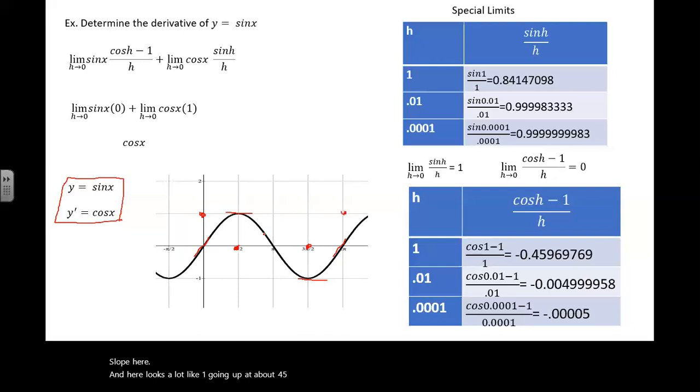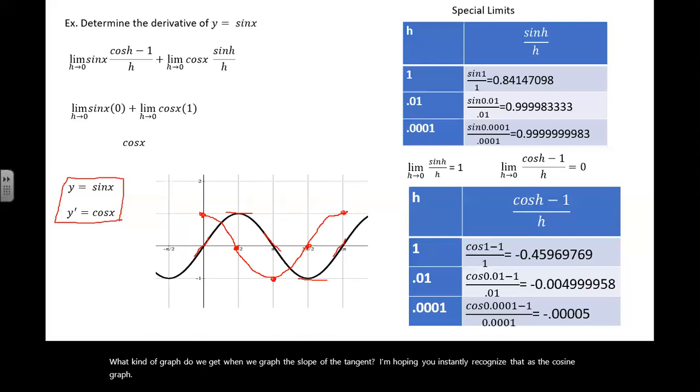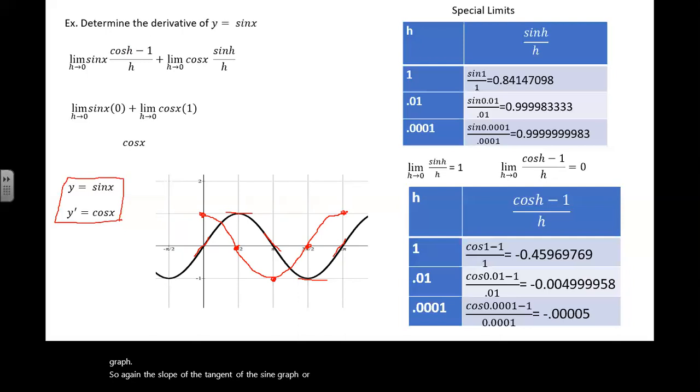What about the slope here? It looks like -1. What kind of graph do we get when we graph the slope of the tangent? I'm hoping you instantly recognize that as the cosine graph. So again, the slope of the tangent of the sine graph, or the derivative of the sine graph, is the cosine graph. How cool is that?